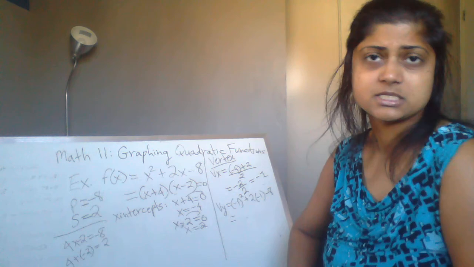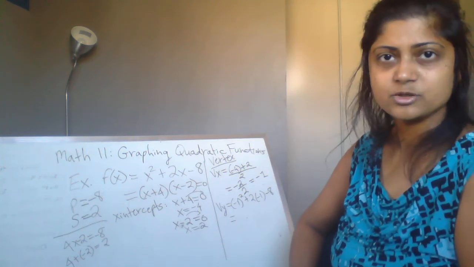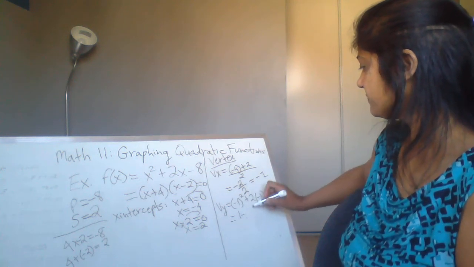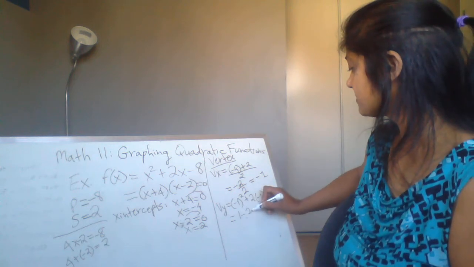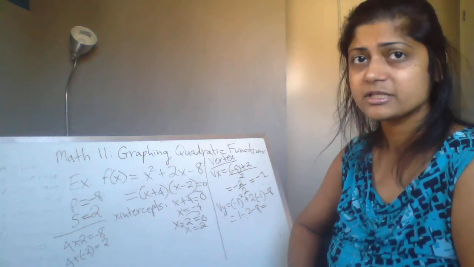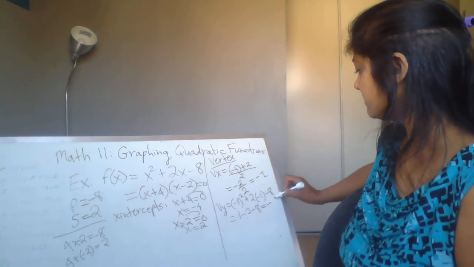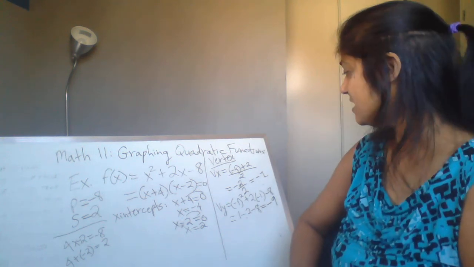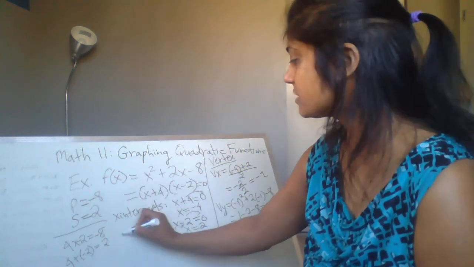Most students just like to put this into their calculator, and you could do that as well. I'm going to just write it out here. So this is 2 times negative 1, which is negative 2, minus 8. If you put that in your calculator, or do some mental math, this is going to equal negative 9. So now I have my x and y point of the vertex. I'm going to write the vertex over here on the side.